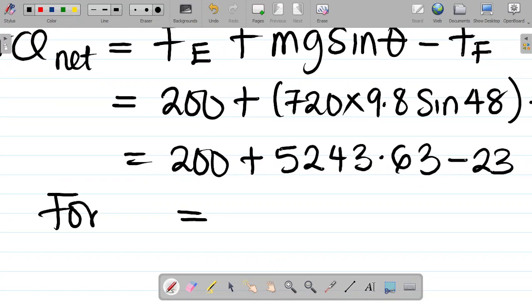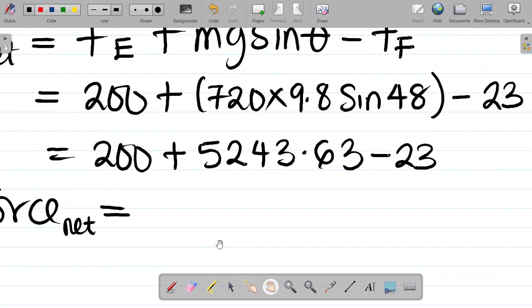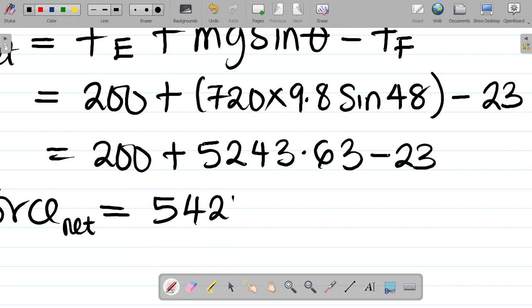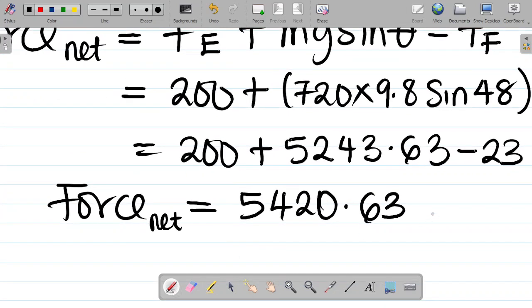The net force, or the total force here, is 200 plus 5243.63 minus 23. That's about 5420.63. Of course, force is in Newton, so this is in Newton. This is my net force.